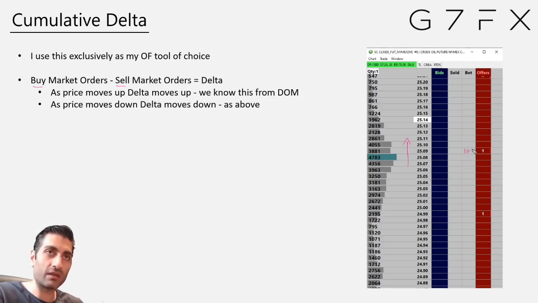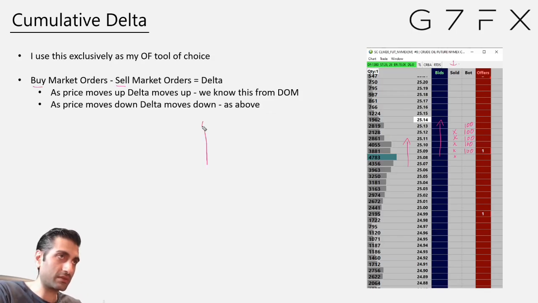Let's say 100 printed here, 100 here, 100 here, 100 here, and nothing printed on this side. Extreme examples, but it can happen. Nothing printed in any of these columns, and then maybe another 100 printed here. What's happened to the price? It's moved up, right?